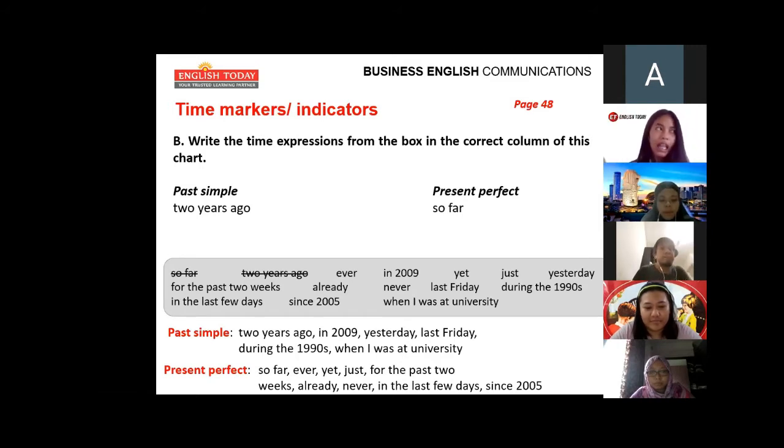For example, I have worked on a lot of projects in the last few days. It means you still have projects going on, not yet finished. So in the last few days means some days ago until now, still continuing.